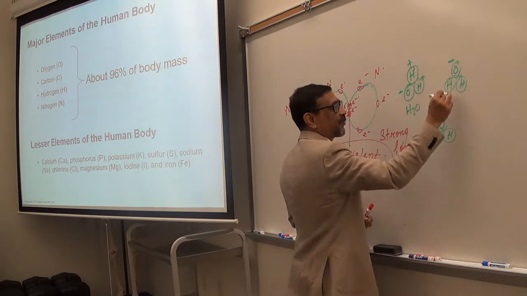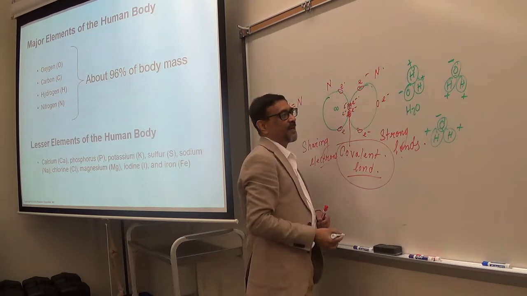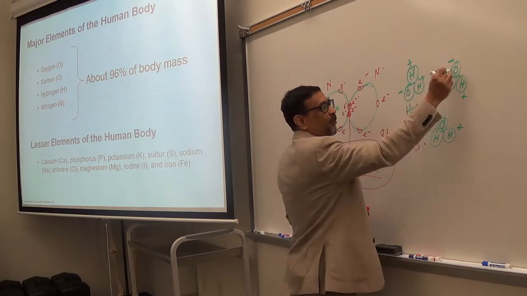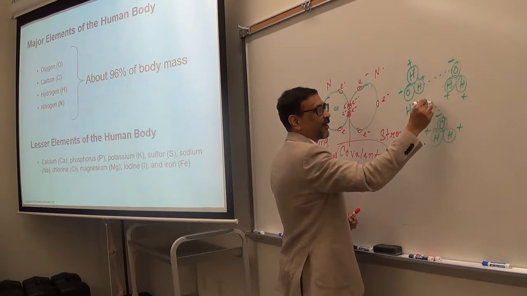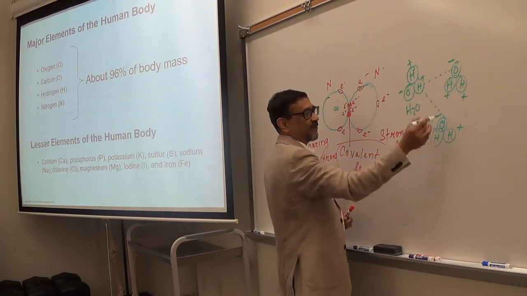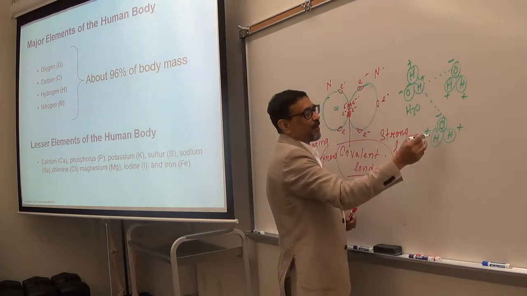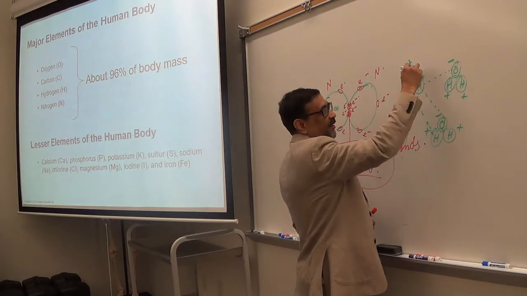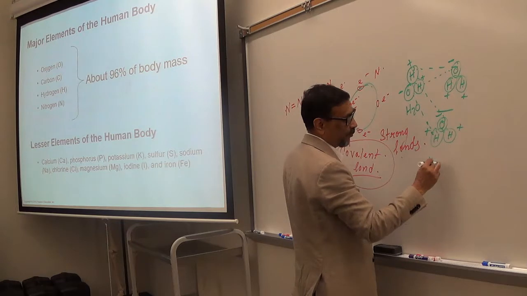So this is negative, positive, positive, negative, positive, positive. So what happens when water molecules come close to each other? The attraction occurs between the negative and positive. Negative oxygen and positive hydrogen. Make sense? But weak attraction, and that is called a hydrogen bond.